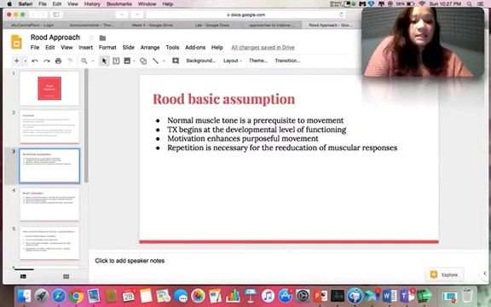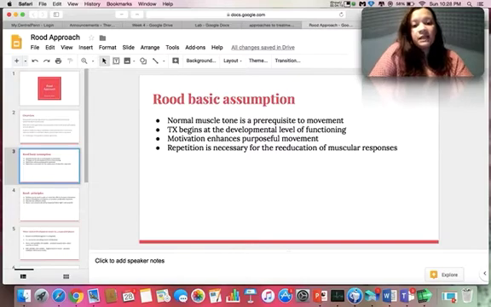The next basic assumption is that treatment begins at the developmental level of functioning. It occurs in a developmental sequence, and you cannot deviate from that sequence. Things need to build upon each other, like when you're building a house. Treatment is going to follow the cephalocaudal rule, so head to tail, and then proximal to distal as well, because we know that's the way that we develop.